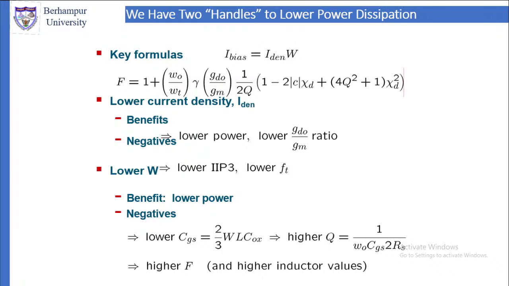So higher Q, because Q is equal to 1 upon omega 0 CGS into 2 on RG. So that is one negative point, high Q. Second is higher F. F becomes high if W is low. For low W, F is high. So these are the two disadvantages of lower W.